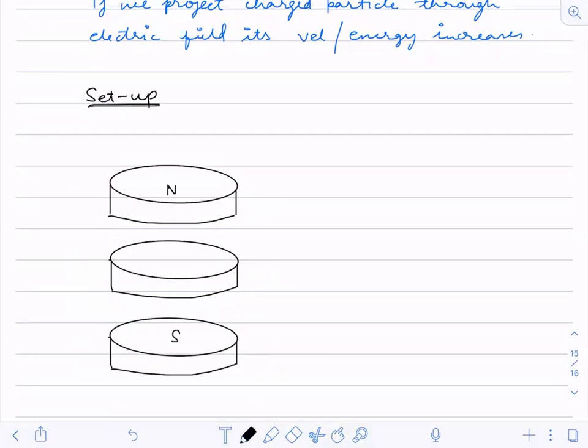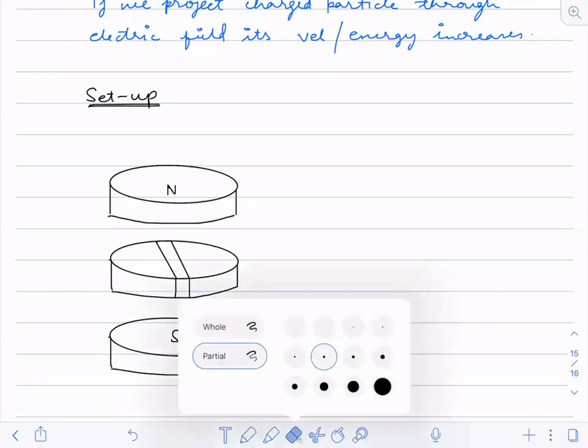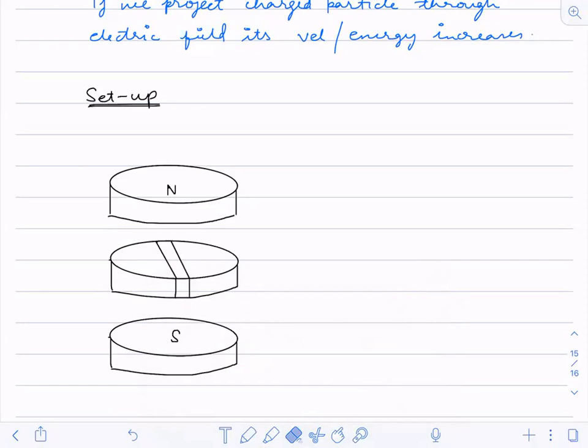And in between you have one more structure. It is somewhat like this. Do you see this?